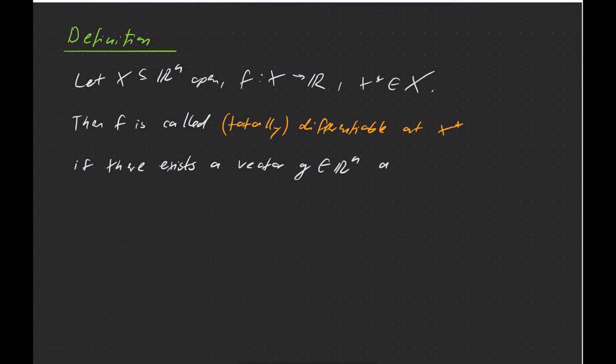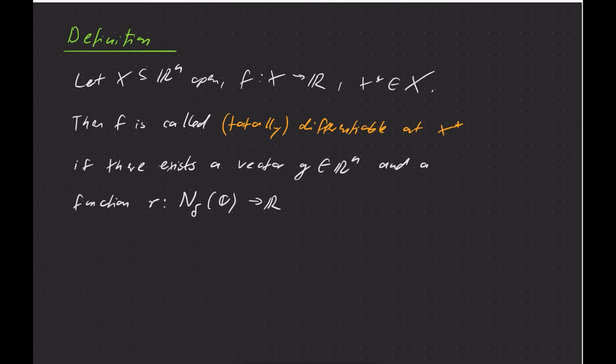So we need a vector, and we also need a function R that will be the remainder of the approximation. So whatever error the approximation has will be captured by this function, and this function will be defined on a neighborhood around the origin, and we'll map to R.